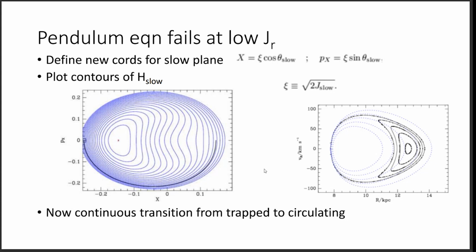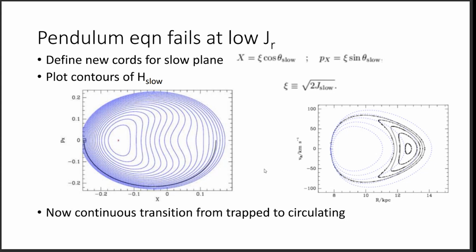No, I'm not sure that's true actually. Yeah, no, we need to talk about the coordinates I plotted this in. So I plotted this in this x, p_x plane. I've done a canonical transformation to x equal to xi cos theta slow, p_x equal to xi sin theta slow, where xi is the square root of J slow. Then I plotted contours of the slow Hamiltonian in this.